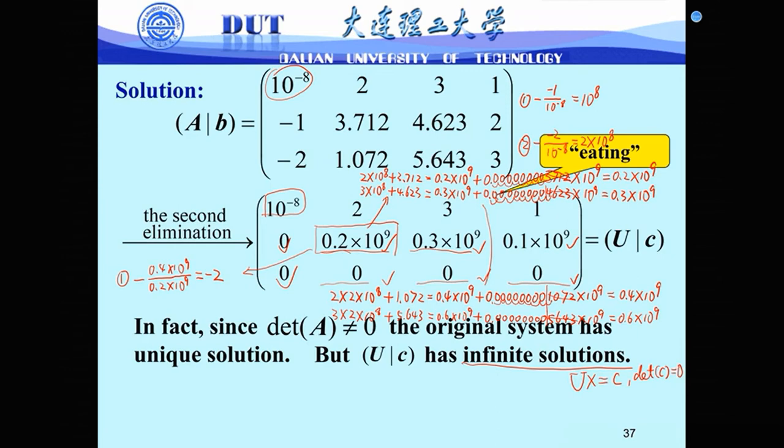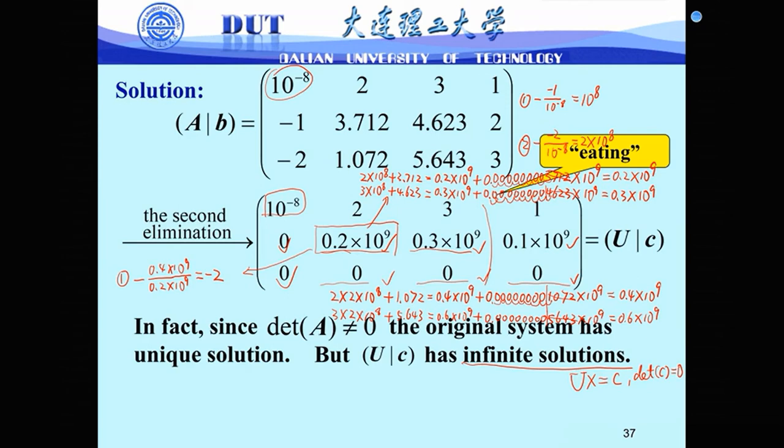Are you clear? Of course, this is ridiculous: the original system has a unique solution, but you obtain infinite solutions by using Gaussian elimination.